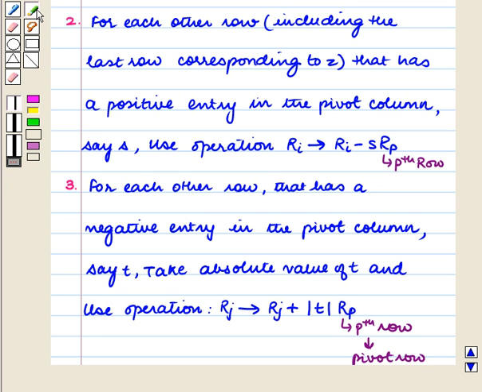Now, as discussed, we know for each other row, including the last row corresponding to Z, that has a positive entry in the pivot column, say S, use operation ith row goes to ith row minus S times the pth row, where Rp is the pth row, is the new pivot row obtained by dividing with the pivot element.